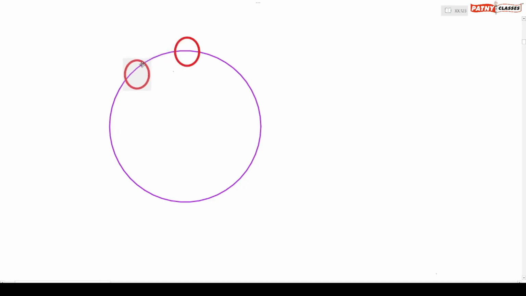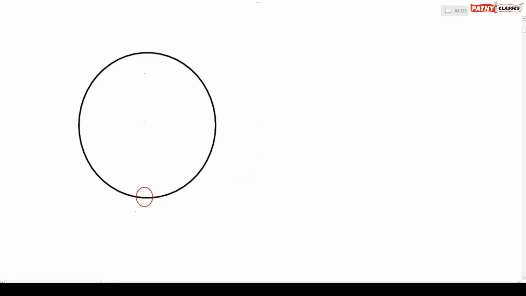Now the body comes from the top position to the bottom position. This is the center, and it is a thread, and this is position B with linear velocity v2.